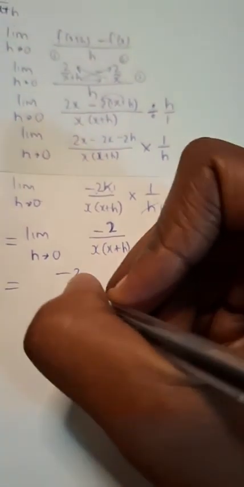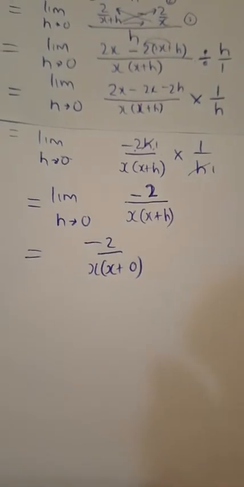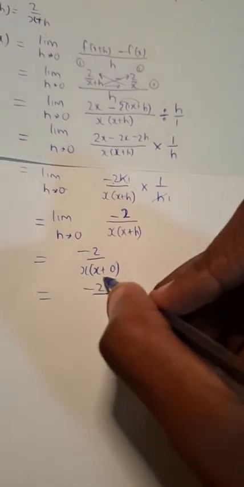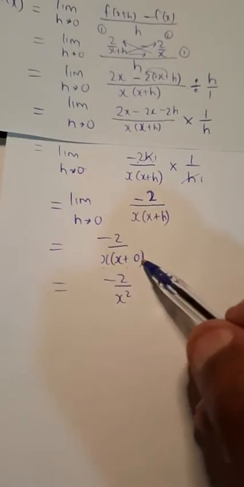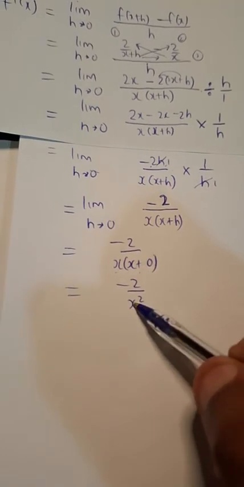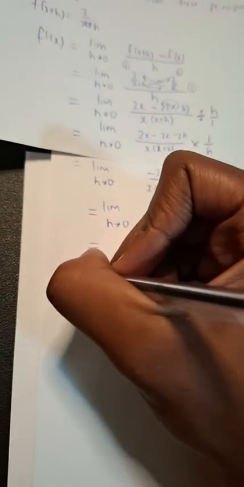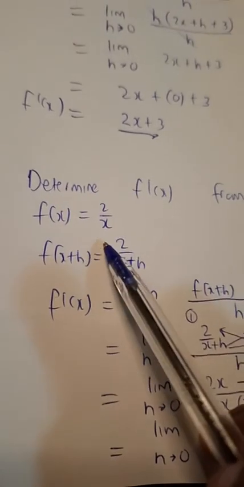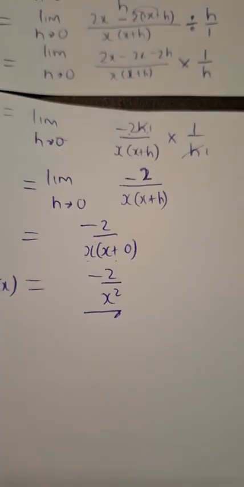Negative 2 over x into x plus 0, which is actually equal to negative 2 over x times x, which is x squared. Obviously the x plus 0 gives me x, so therefore I say x times x gives me x squared. So this here is the derivative of what? Of 2 over x. It is actually negative 2 over x squared.